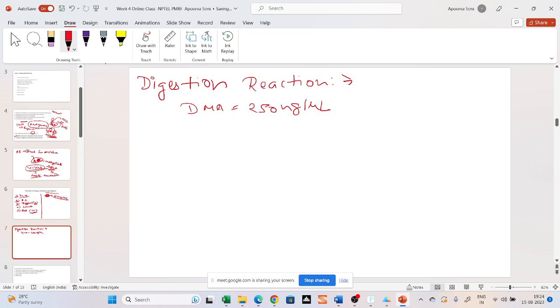Okay, and we have studied that for digestion approximately 1 microgram of DNA is needed. So just tell me how much DNA we would need. The concentration of DNA is 250 nanograms and we need 1 microgram. So how much DNA has to be added in the digestion reaction mixture? Can anybody tell me?